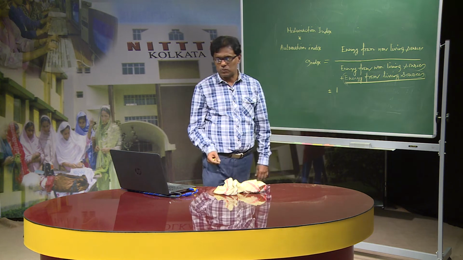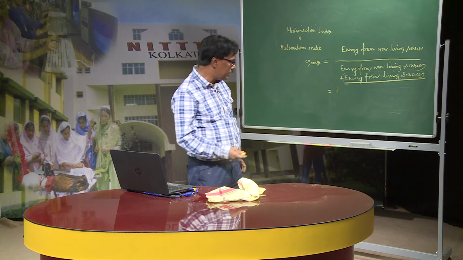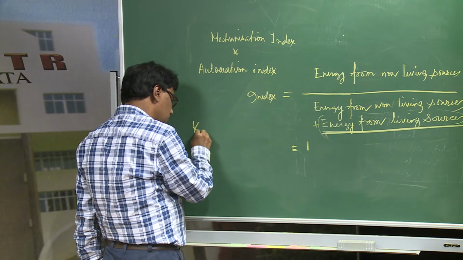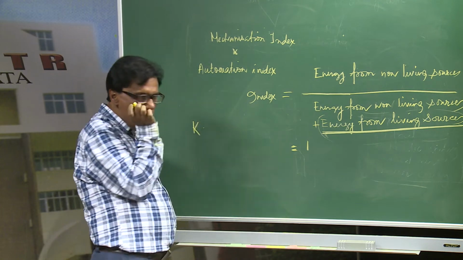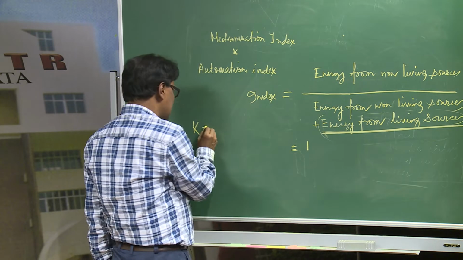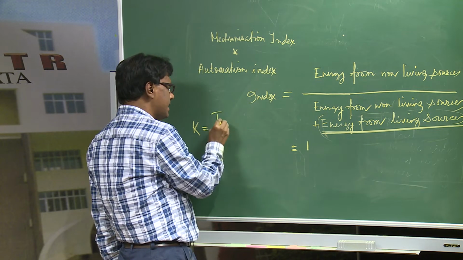Another method of measuring automation is in terms of time, that is, K is equal to T mac divided by T mac plus T man. It is of course a mechanization index.